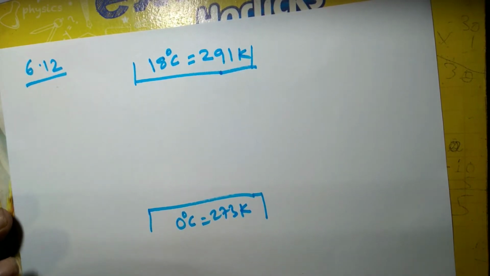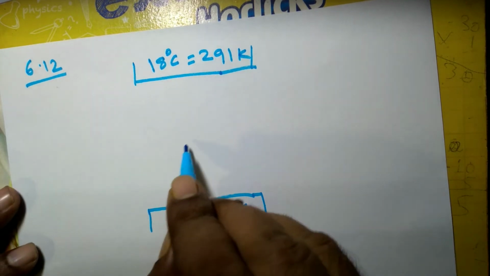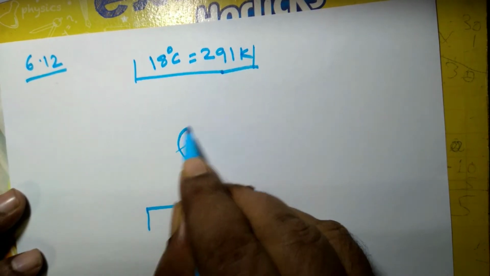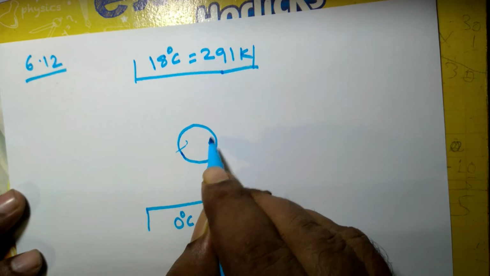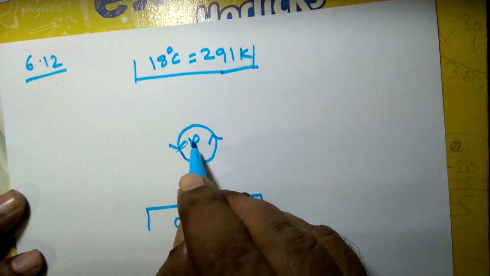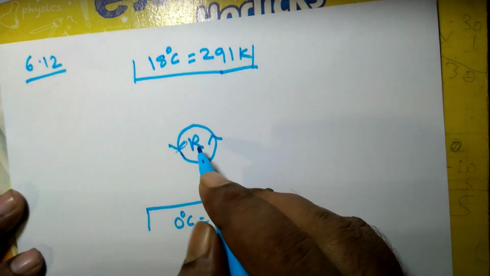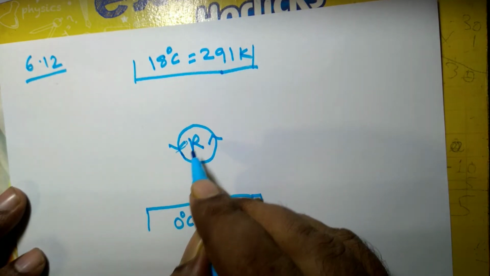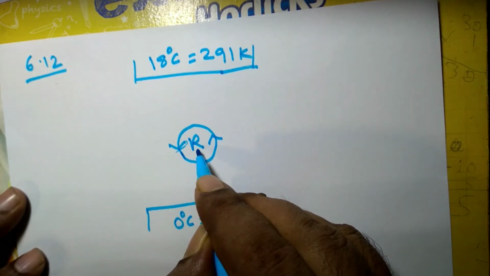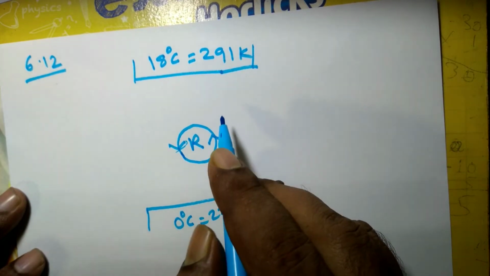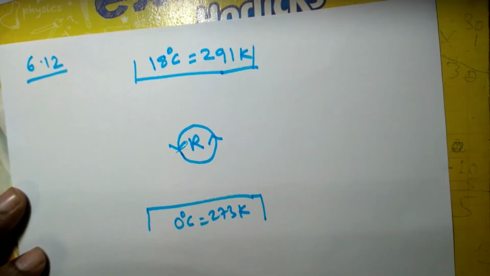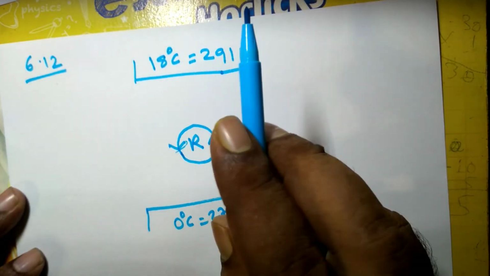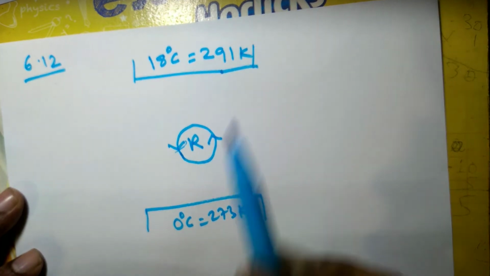We know that the refrigerator is a work consuming machine. The least work is consumed by a refrigerator if it operates in a reversible manner, and the maximum work is produced by a heat engine if it operates in a reversible manner. So you are required to find out the least or minimum electrical work.